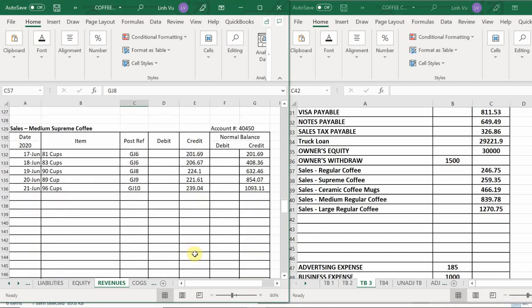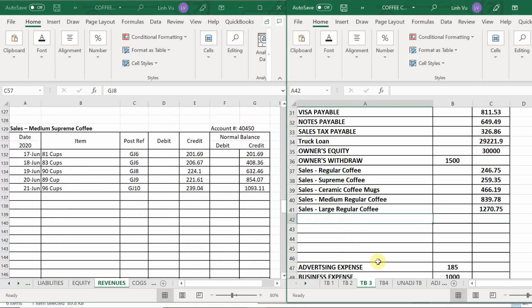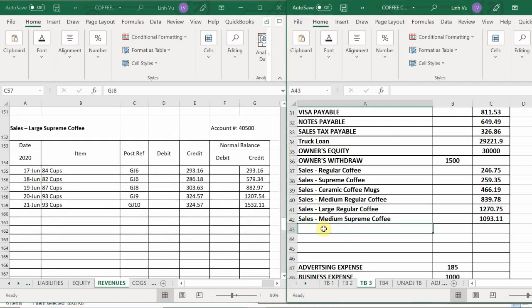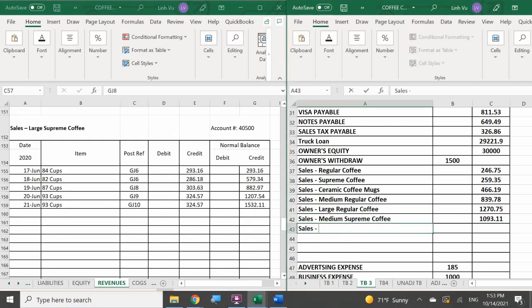We have sales Medium Supreme coffee for 1093.11. Okay. Then we have large Supreme coffee for 1,532.11. Okay.